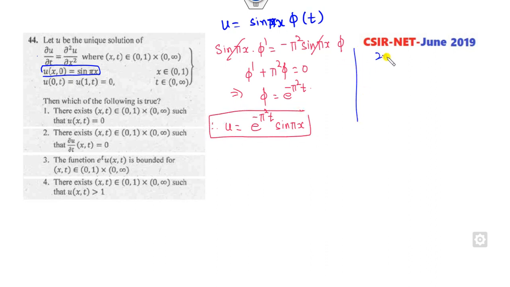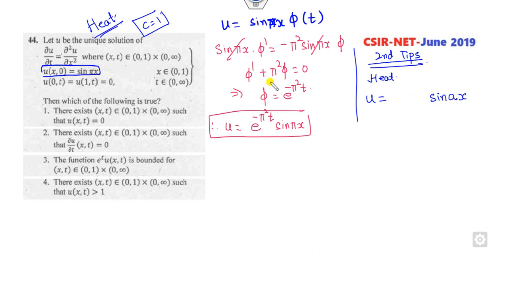I will tell you one more shortcut tip for you. Second tip. Look at this, this is my heat equation, and the constant c is 1. So what is the shortcut trick? Whenever there is a heat equation and it is in the form of either sine or cosine, then there is no need to do it this way.